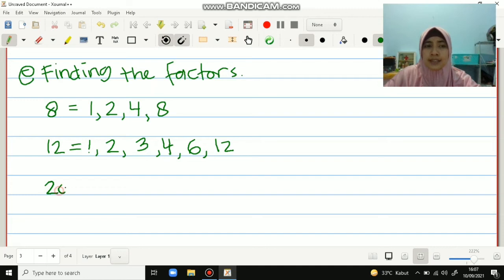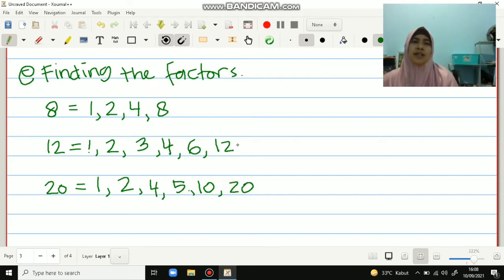How about 20? 20 can be divided by 1, by 2, 3, no, 4, yes, 5, 10, and 20 itself. Done. You got all the factors from the numbers.